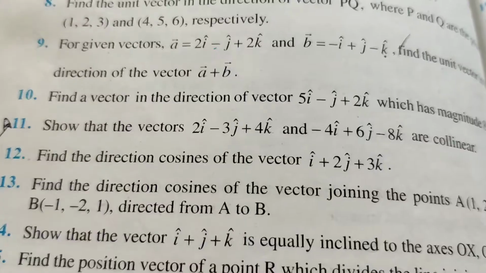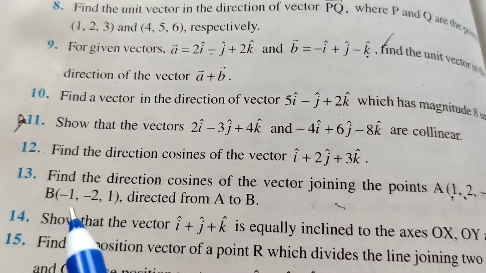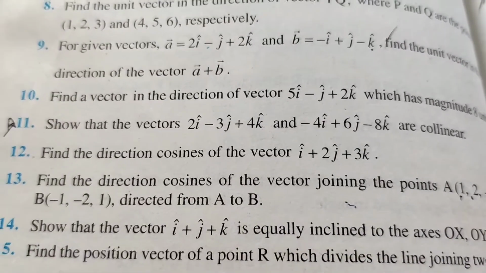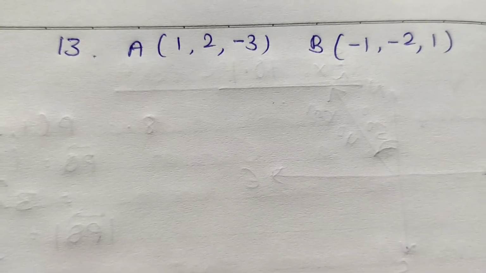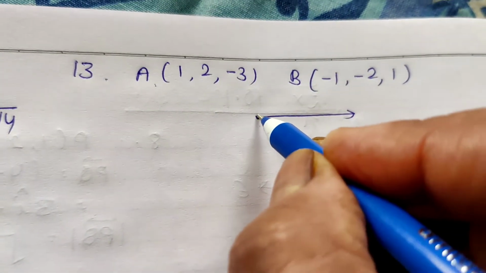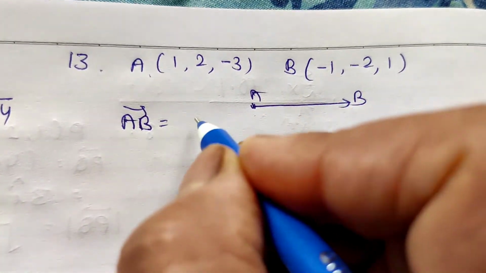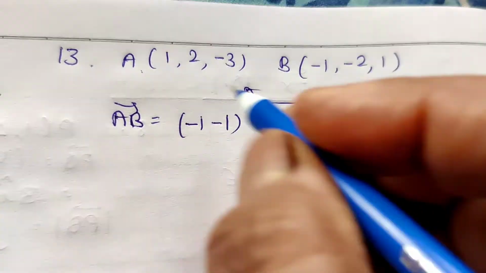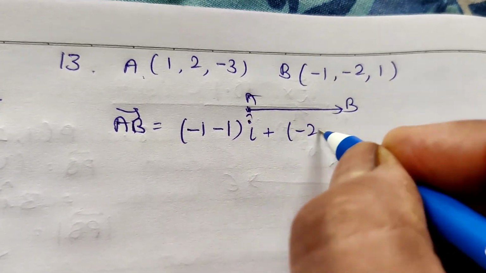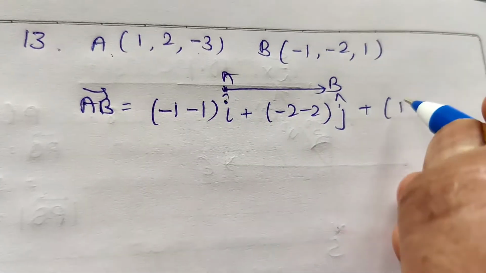Question number 13. Find the direction cosines of the vector joining the points 1, 2, minus 3 and minus 1, minus 2, 1 directed from A to B. These are the points A and B. The AB vector from A to B. Now AB vector is equal to minus 1 minus 1, that is x2 minus x1, i, plus minus 2 minus 2, j, and 1 plus 3, that is 1 minus minus 3, k.